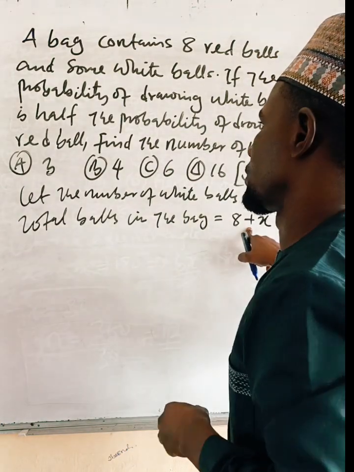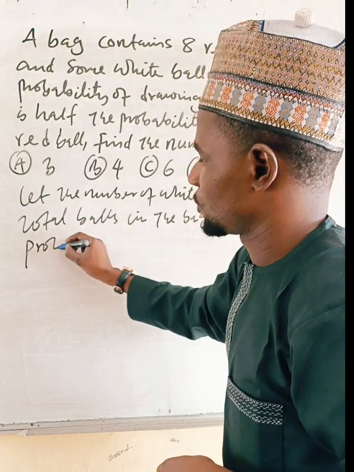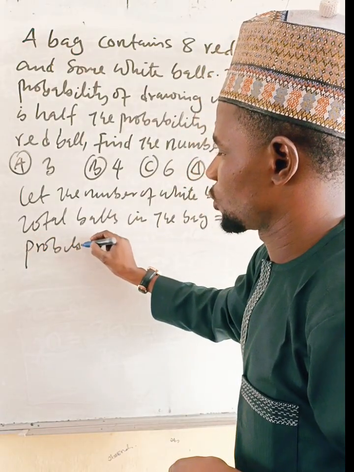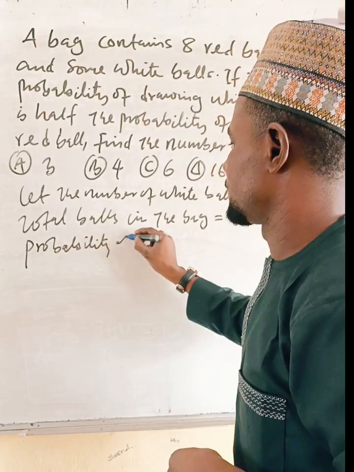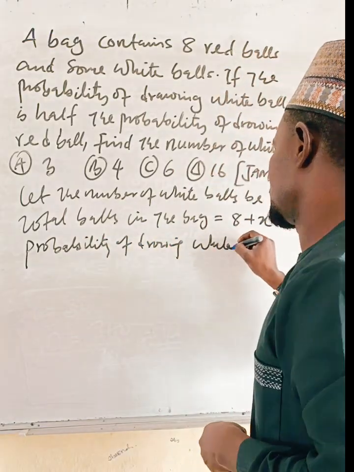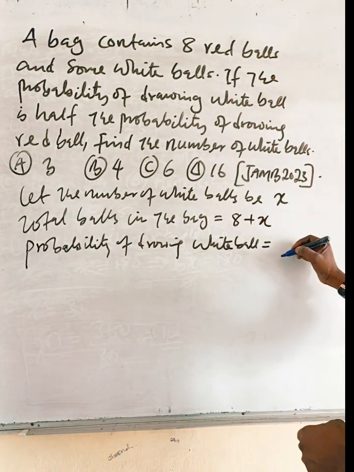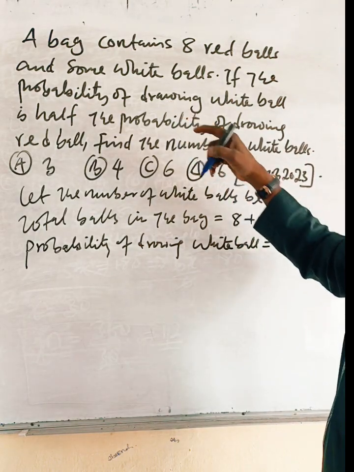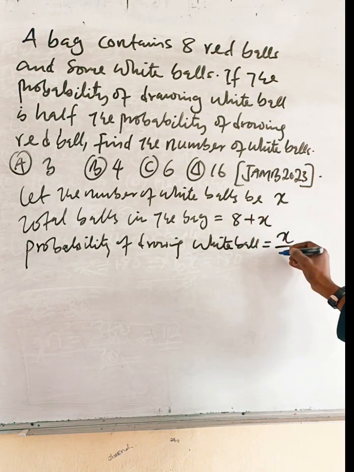Now let's find the probability of white. The probability of drawing a white ball: the number of white balls is x, all over the total number, which is 8 plus x.